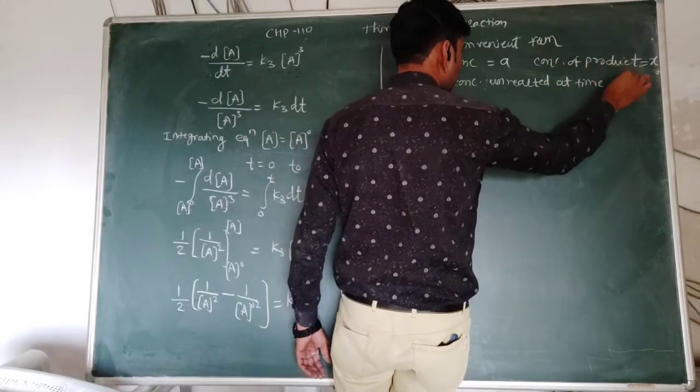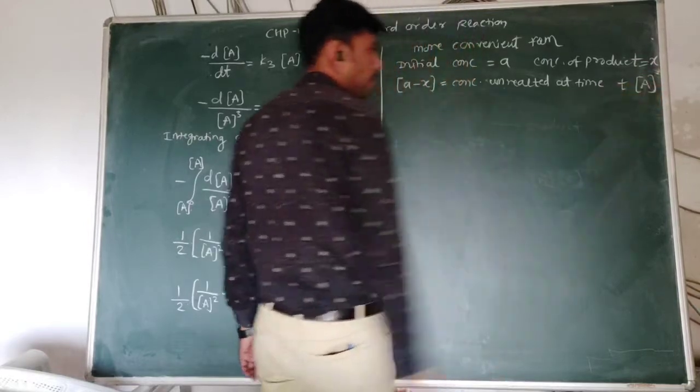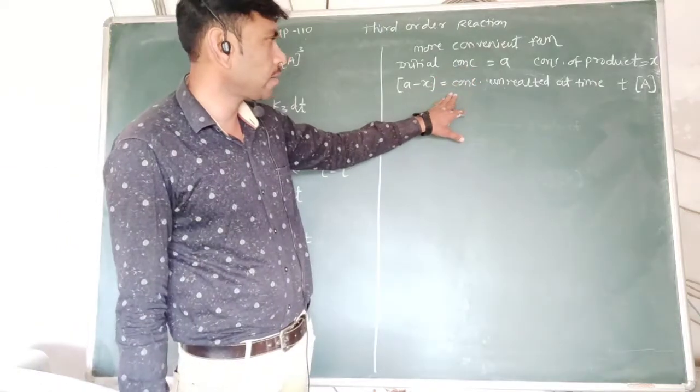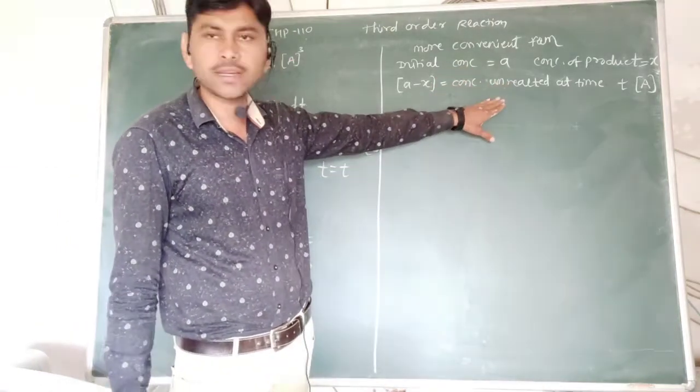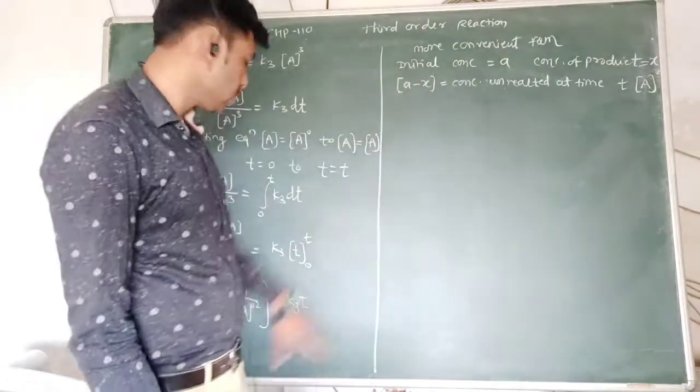Concentration unreacted at time t. What does the concentration of A mean? The concentration of unreacted reactant at time t. So A minus X represents this.